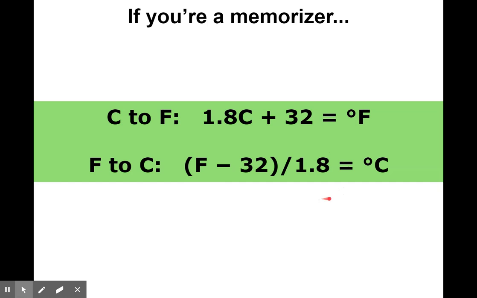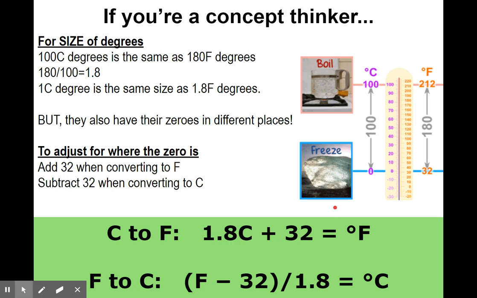Now, if you want to conceptually remember this, I have a hard time remembering things like that. So I like to know how it works conceptually, because I'm less likely to forget the concept. So if you're that kind of person, listen up. For the size of the degrees, 100 degrees Celsius is the same as 180 degrees Fahrenheit.